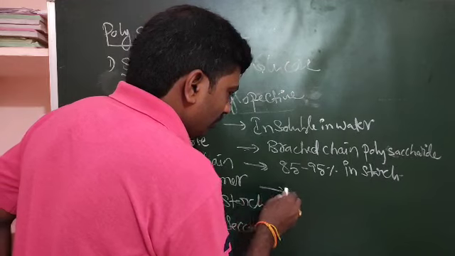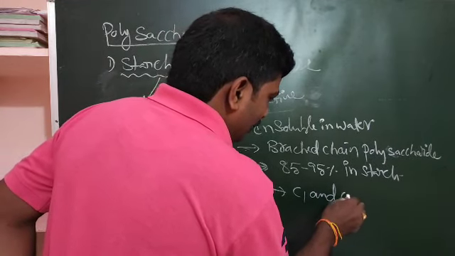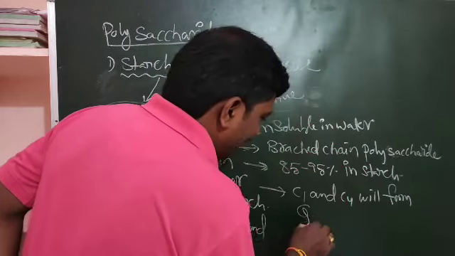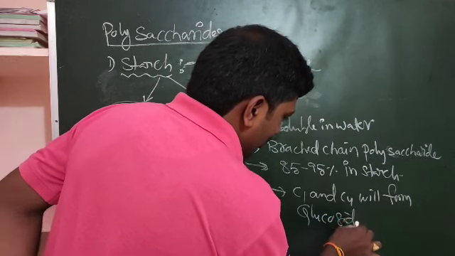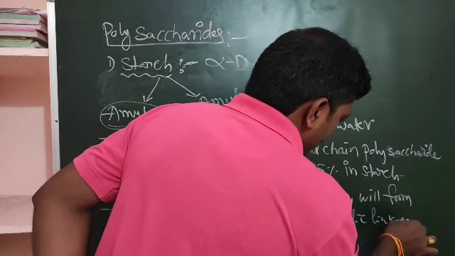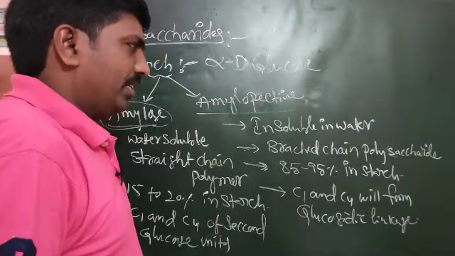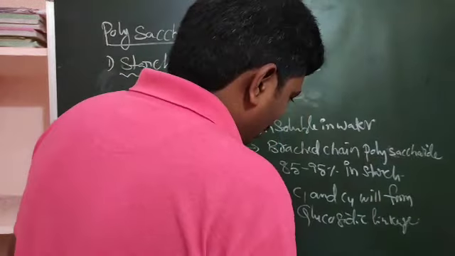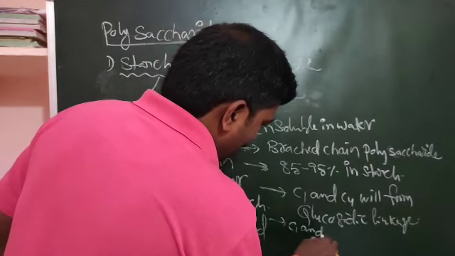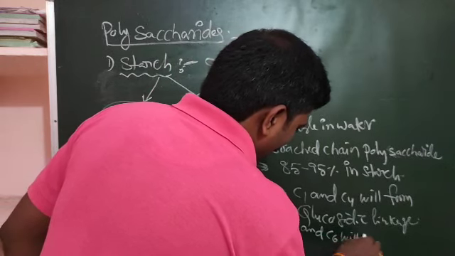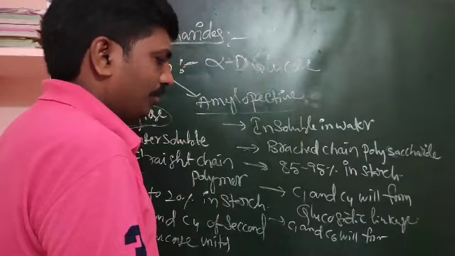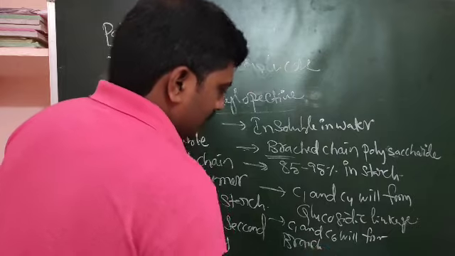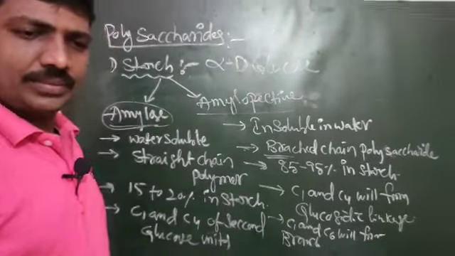Here C1 and C4 will form a glycosidic linkage, and then C1 and C6 will form branches.